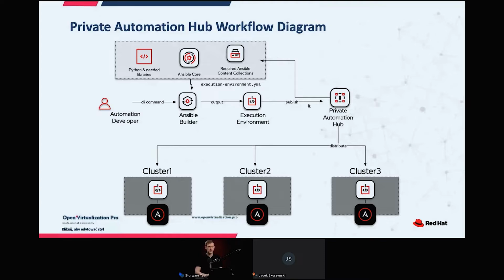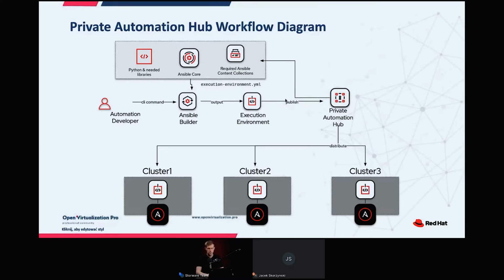The second point, we're going to create an execution environment. So we're going to select a proper Ansible version. We're going to select also proper Python dependencies, and then also inject that new custom collection into this execution environment.